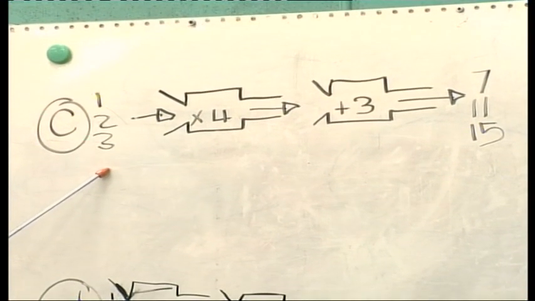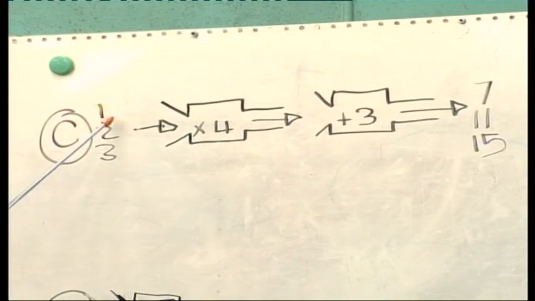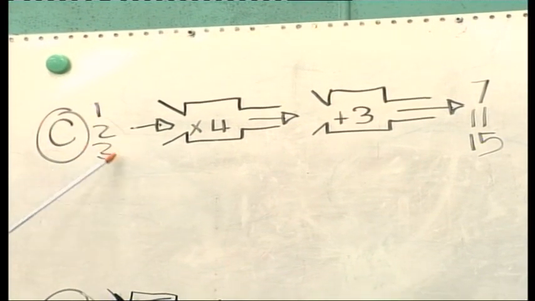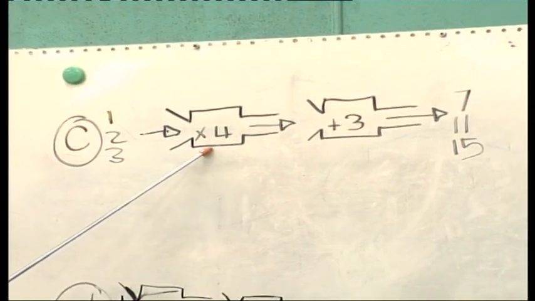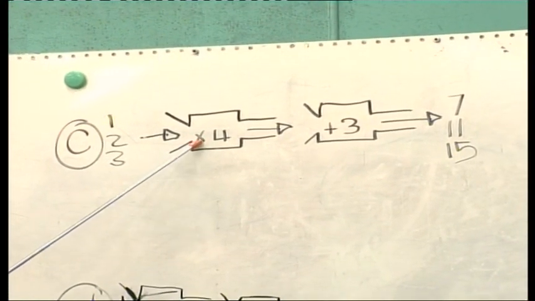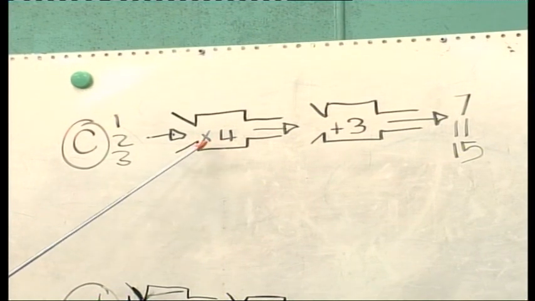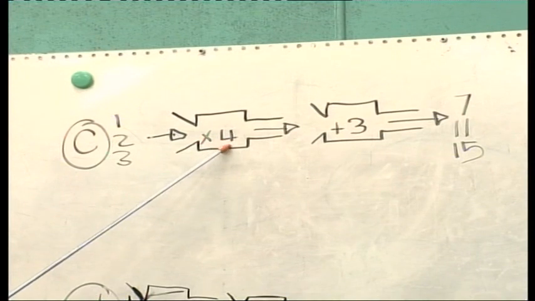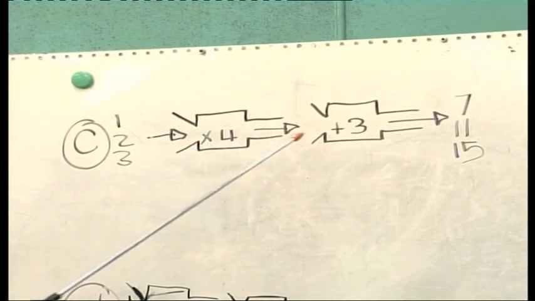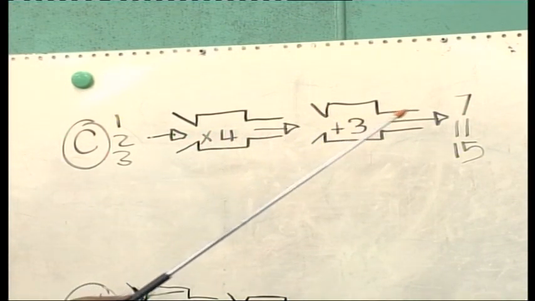Okay, let's go carefully. The inputs 1, 2, 3. The first machine, the mixer, what is that mixer there? Times 4, multiplied by 4. So 1 multiplied by 4 is equals to 4, plus 3 is equals to 7.